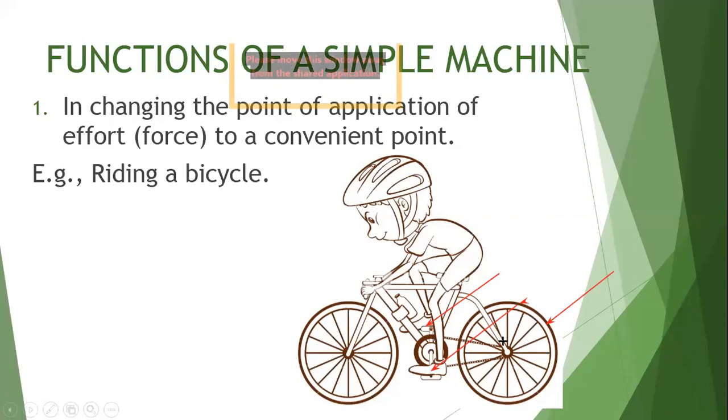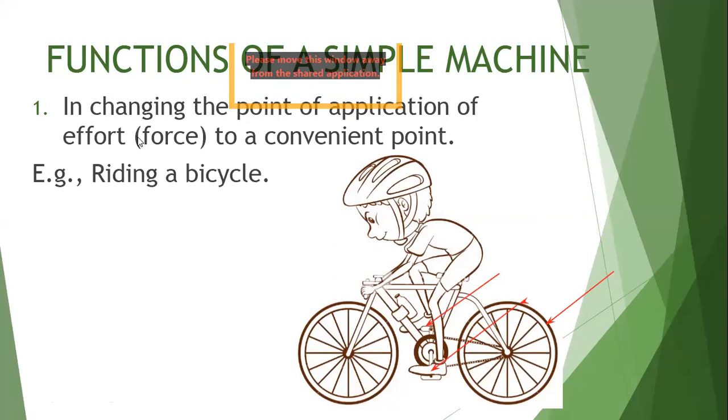Understand? So basically, what we are doing here is using a machine, but this machine is changing the point of application. Are you applying the force on the wheel? No, you are not. Where are you applying the force? You are applying the force on the pedal.